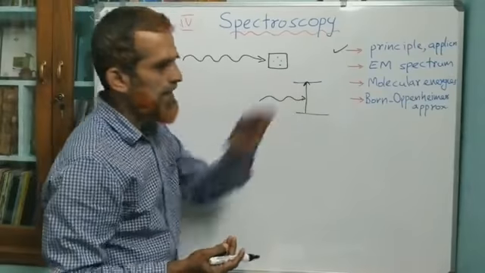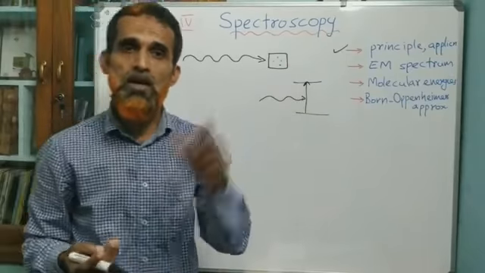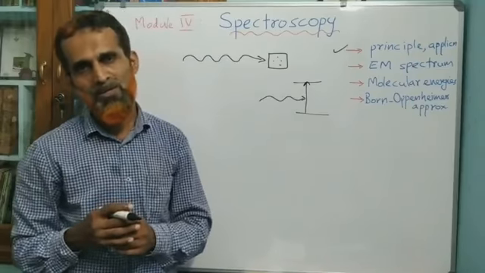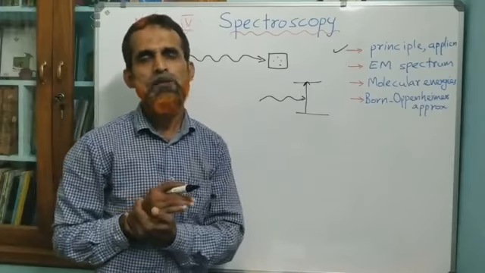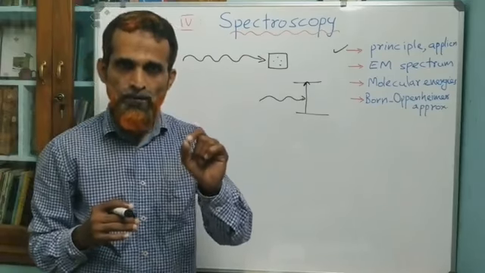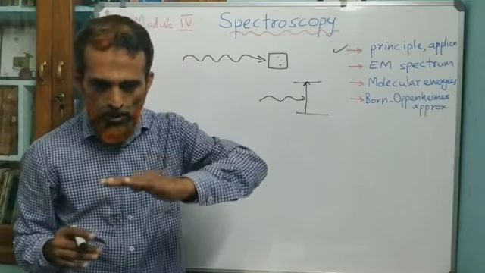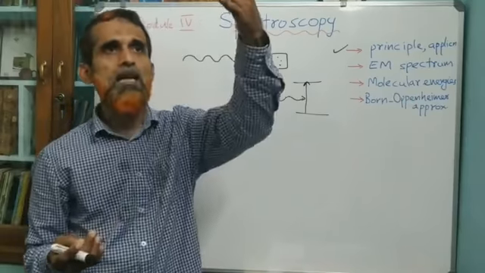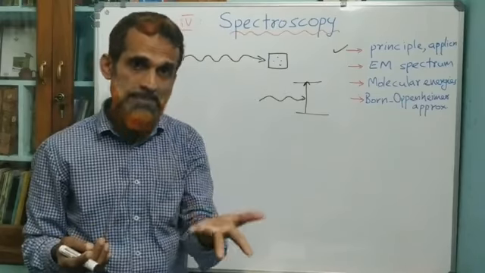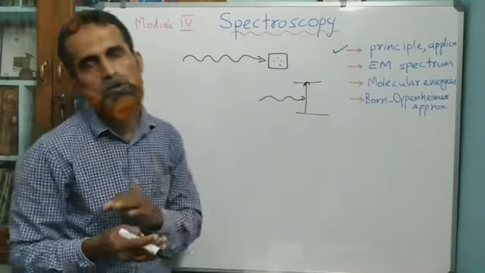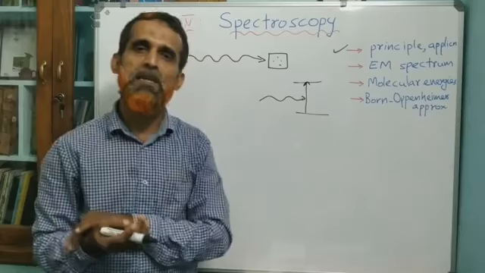This transition also is controlled or governed by quantum mechanical selection rules. So in short, we can define spectroscopy as involving transition of a molecule from a lower energy level to a higher energy level, or it can be from a higher level to a lower level also, in which case it will be emission spectroscopy. But in molecular spectroscopy, it is mostly of absorption type.